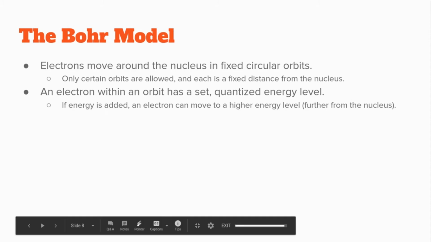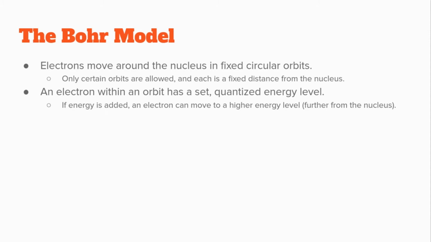The Bohr model was unique compared to the Rutherford model and other models that had existed at this time because he said that the electrons could only move in these fixed circular orbits around the nucleus. And this came from that idea of the line spectra that each element produces. So since only certain energies could be allowed, then the electron must be a fixed distance from the nucleus.